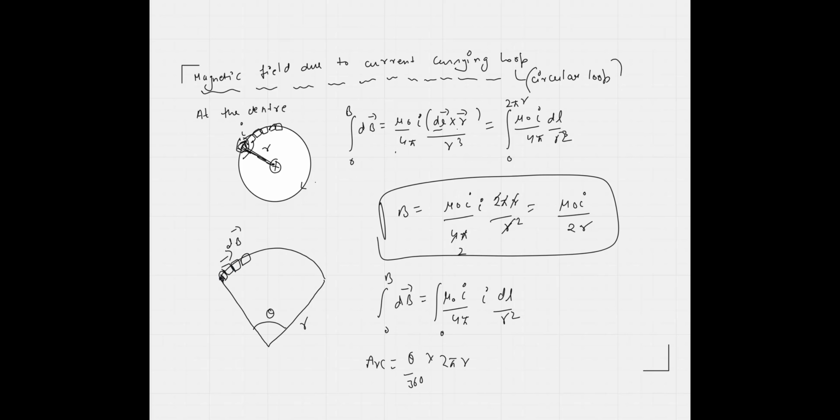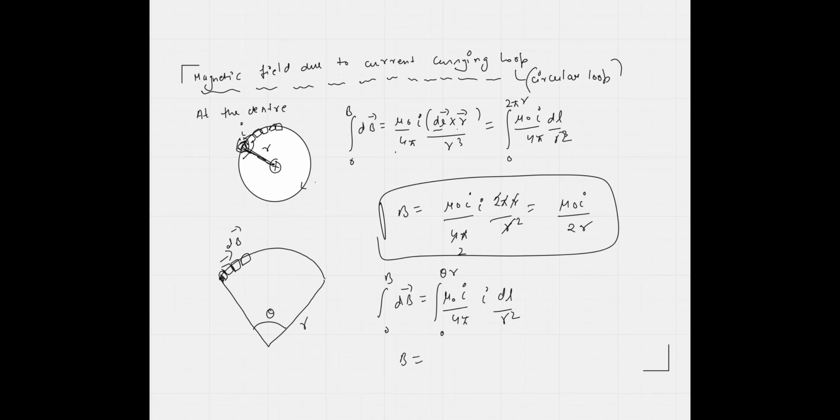And in this case, because we are in radians, we can remove the 360 and say that the 2 pi cancels. So theta times r is your arc length. Now you are going from 0 to theta times r.